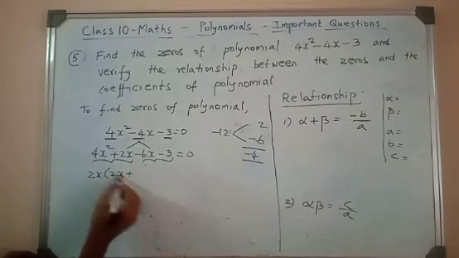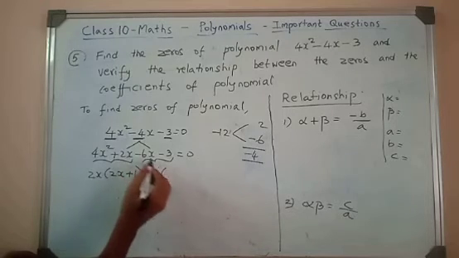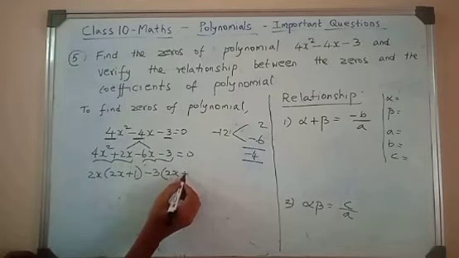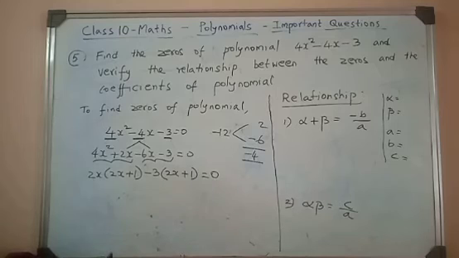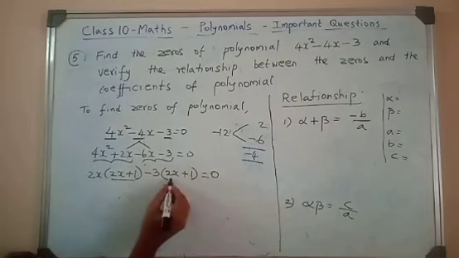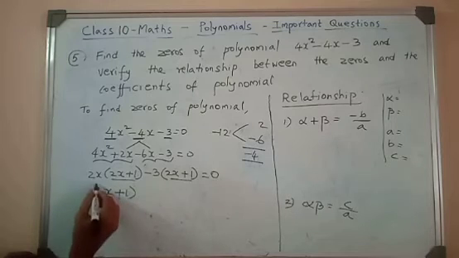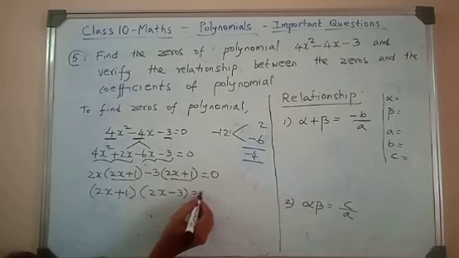Here 2x taken out, so remaining 1. Here minus 3 is common, remaining is 2x minus 3 into 1, minus 3. So plus 1 will be there here, is equal to 0. Now 2x plus 1 is common in both the expression. So taking 2x plus 1 out, remaining is 2x minus 3 is equal to 0.